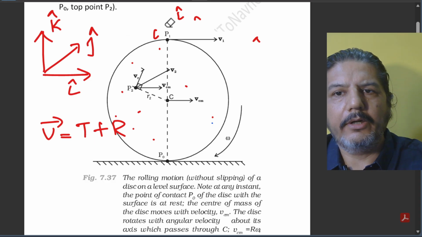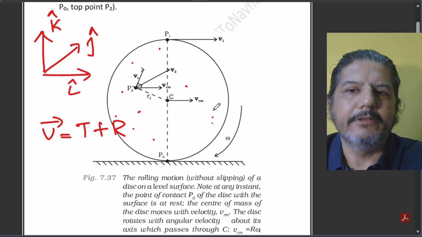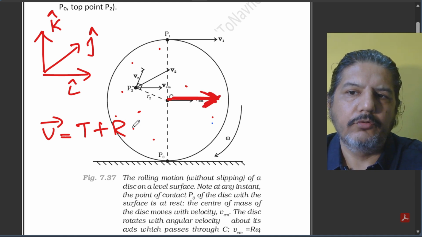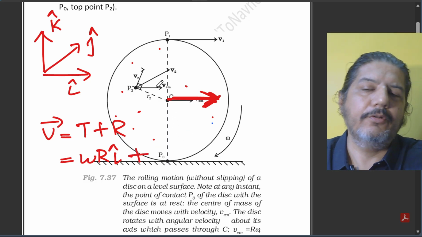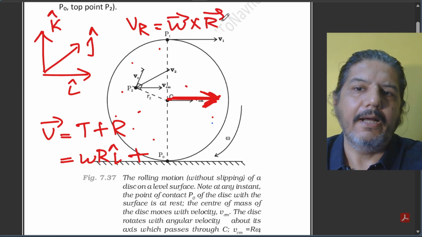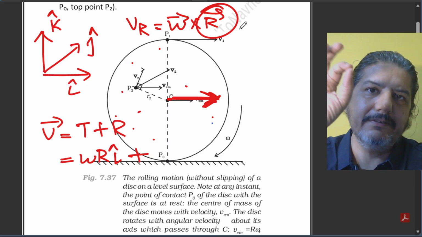Now if you haven't understood till here, this will again start making sense. Look at point C. The VCM is in this direction. So the translational part is omega r in I cap. But the rotational component is 0. Why is it 0? Because the rotational component is given by omega cross r, and at point C this r is 0 because it is at the center.